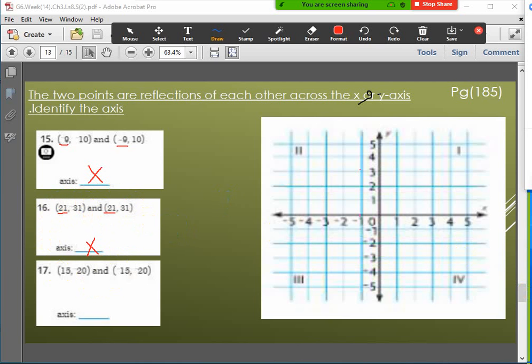What about number 17? Okay, Lamar, now open the mic and tell me. 17, I have 15, negative 20, and negative 15, negative 20. What is the same coordinate in those 2 points?